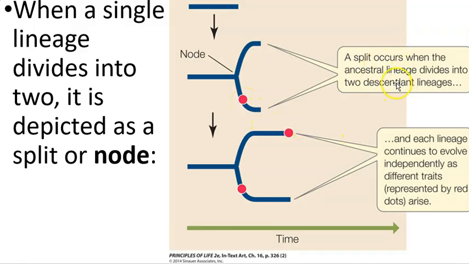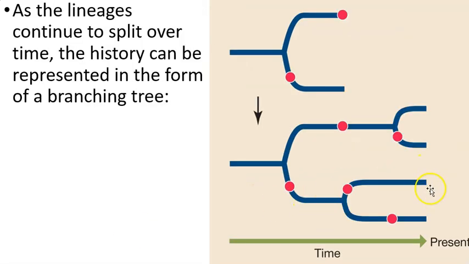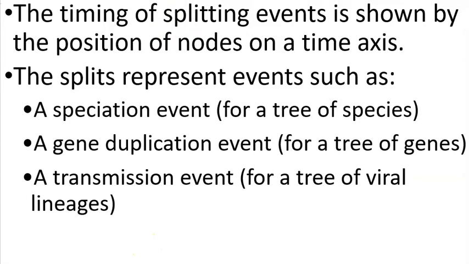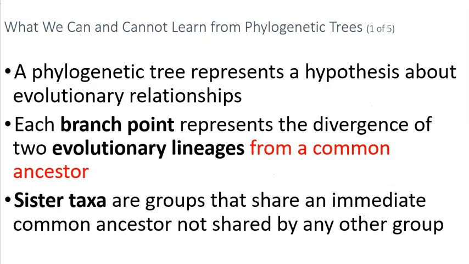A split occurs, divides into two descendant lineages, and they continue to evolve independently, represented by red dots, okay? And then you can continue to split over time and over time. And so the splitting of events is shown by the position. So this could be a speciation event, it could be a gene duplication event, and we'll talk about that in our speciation. That's just like a little preview.